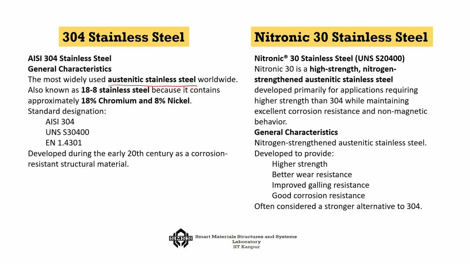The Nitronic steel is nitrogen strengthened austenitic stainless steel. It was developed primarily for applications that require higher strength than 304 while maintaining excellent corrosion resistance. So, that is the Nitronic 30. You get similar corrosion resistance, but a higher strength in comparison to the 304 stainless steel.